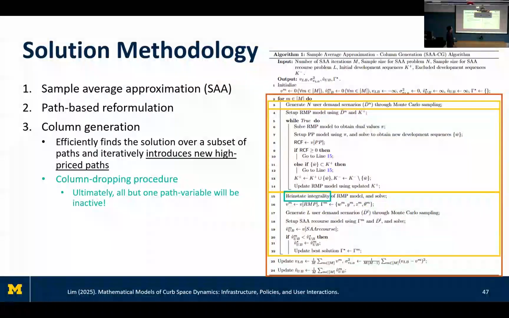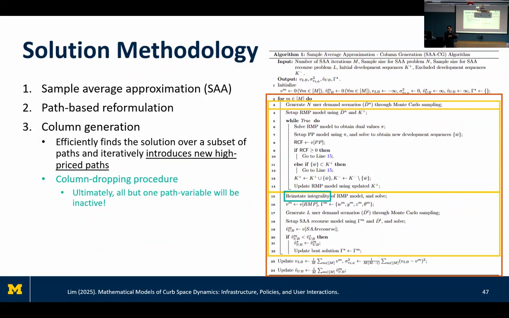Also, I add one additional small extension to the method, which is a column dropping procedure. This is motivated by the fact that when we obtain an integral solution, there will be only one active variable. Even if we have identified a good set of path variables in the fractional setting, ultimately only one path variable will be active and the remaining will be inactive. So when I conclude this column generation procedure, I check the current values or the dual values of all the path variables introduced.